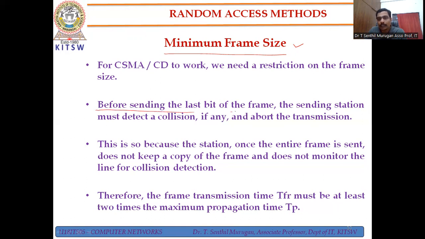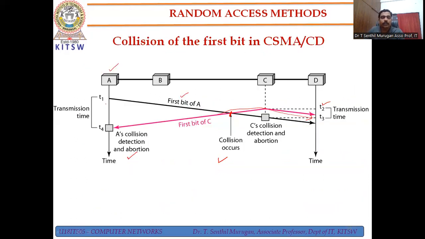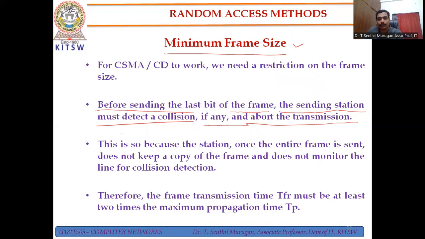Before sending the last bit of the frame, the sending station must detect a collision, if any, and abort the transmission. In the previous diagram, it sends the data and waits for acknowledgement. It reaches here, but within that particular time it gets another bit in the reverse direction, so it identifies that a collision may have occurred.